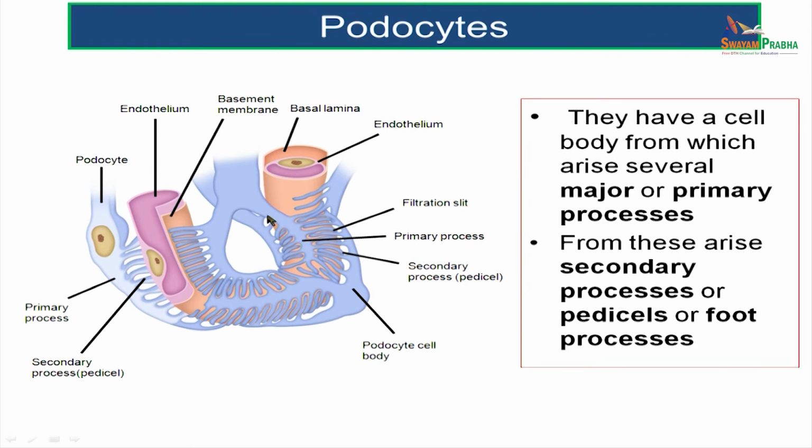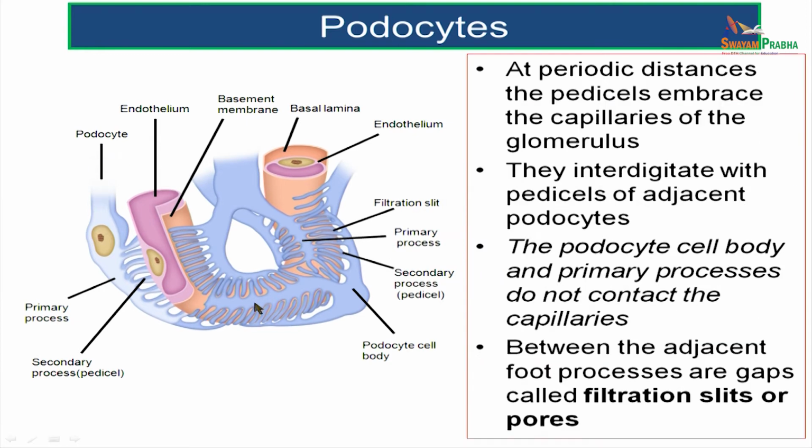So, the podocyte, as I told you, has got a cell body from which arise major processes. These are the major processes, or they are called primary processes. From the primary process, you have secondary process or pedicels or foot processes. What you see in this diagram is the cell body, primary process and secondary process or foot process or pedicels of the podocyte which is coming in contact with the capillary.